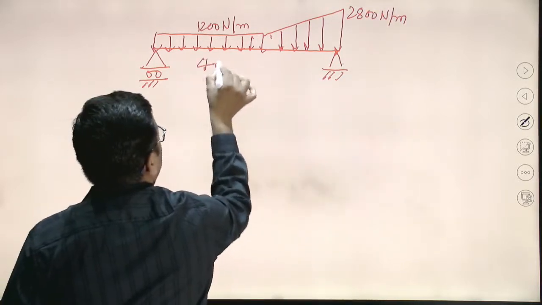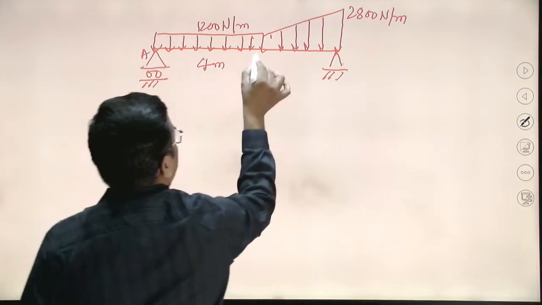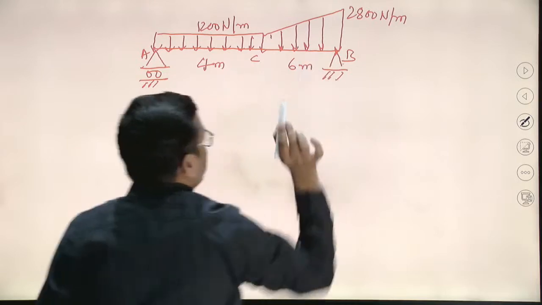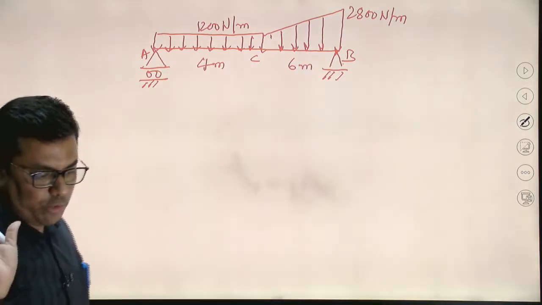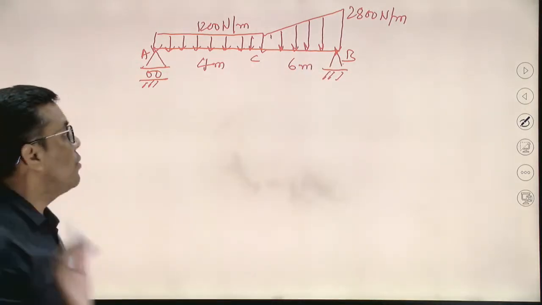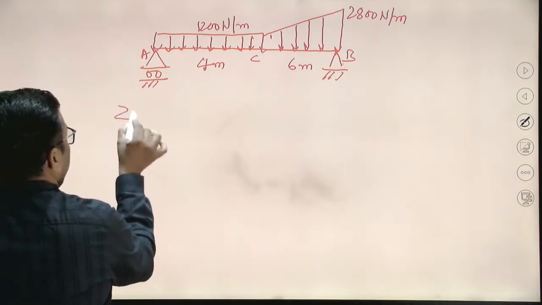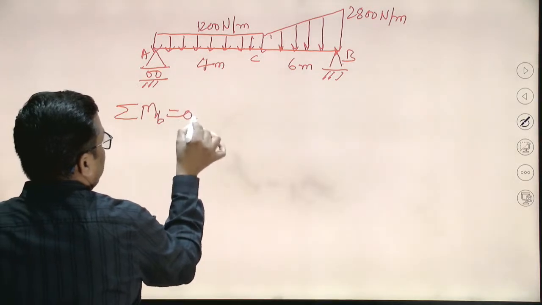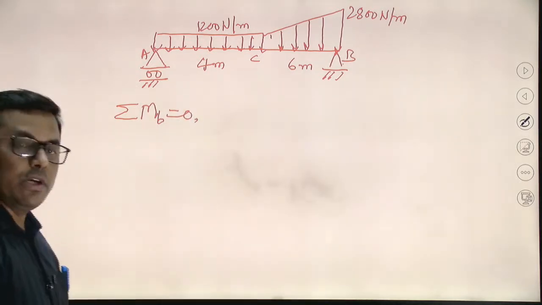This length is 4 meters from A to C, and C to B it is 6 meters. Only the equation I am writing, only the equation for moment: sigma M B equal to 0.